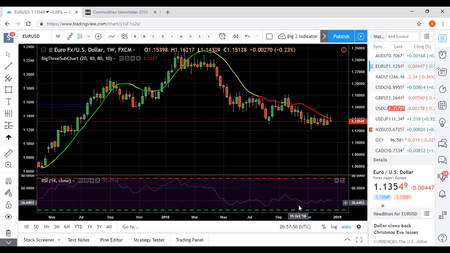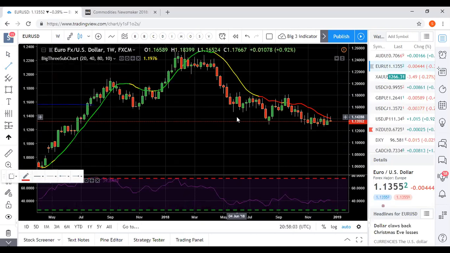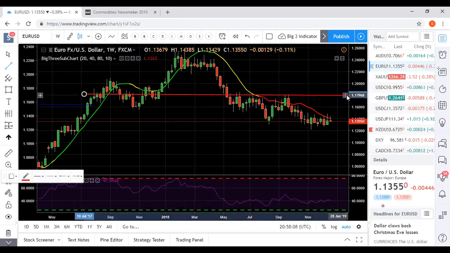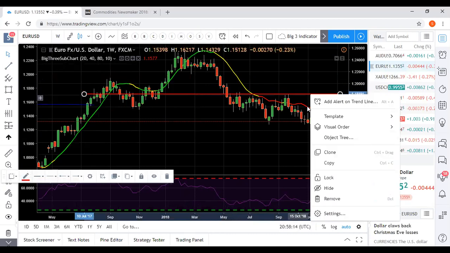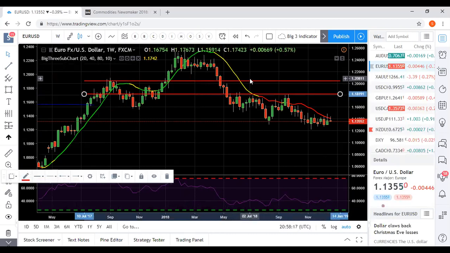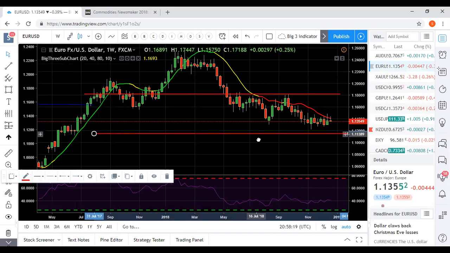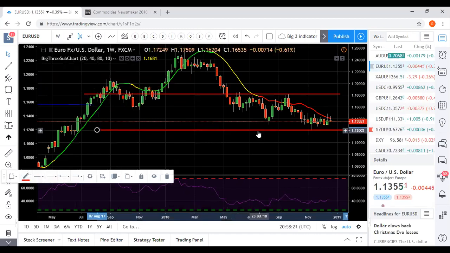At the moment, I'm not liking the price action on what's going on in RSI. It's been hobbling around. It's staying between these two. So if I draw a good trend line here, it's staying between this, and then if I just clone this, it's staying between this pretty much.